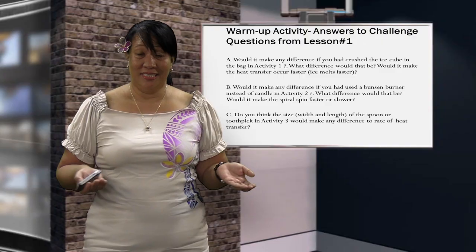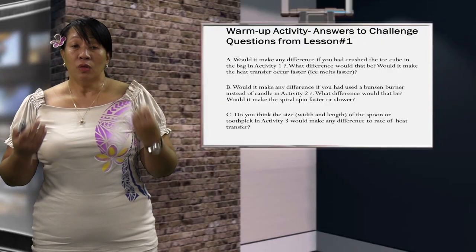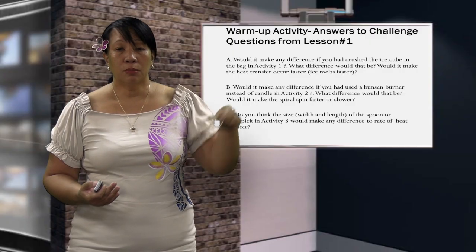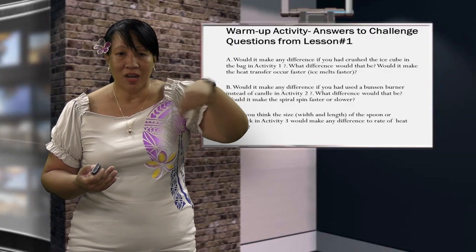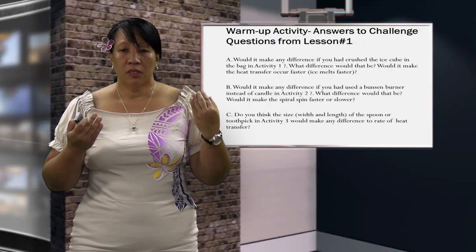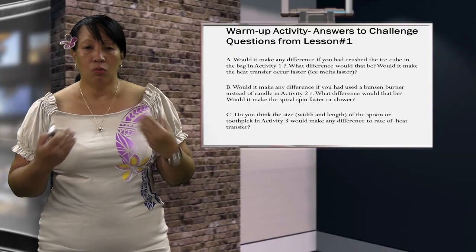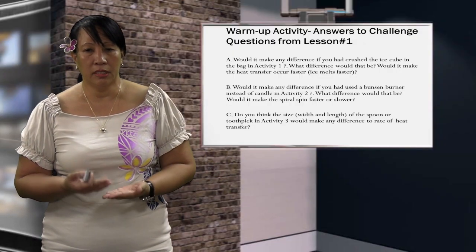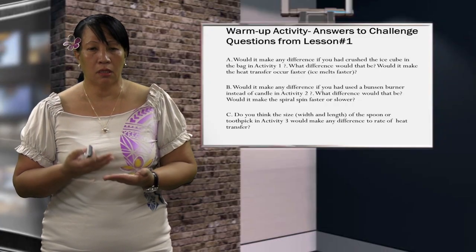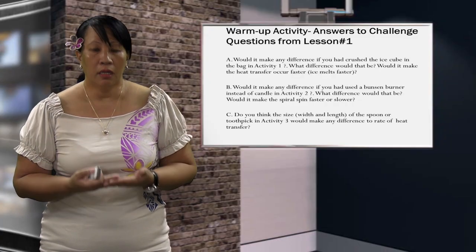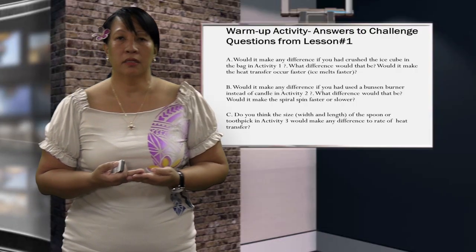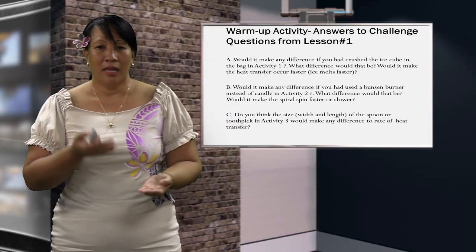The answer is yes. If you had used a stronger heat source, the spiral would have spun faster. Why? Because with more heat from a heat source, the higher the amount of heat, the higher the temperature difference, and also the higher the density difference.